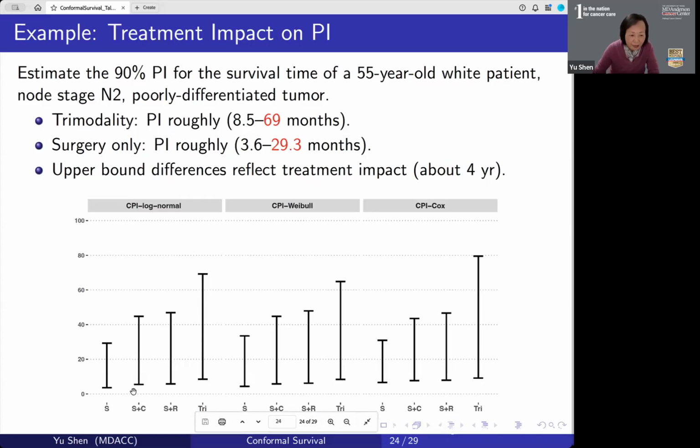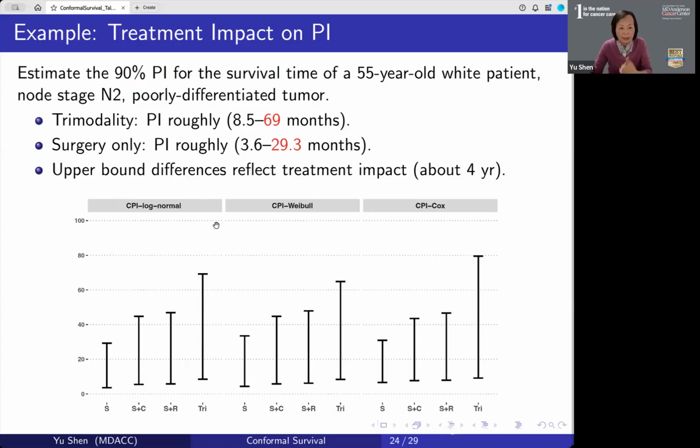One thing is the lower bound: they're not that different, only about a few months difference, even among different treatment strategies. But when we compare surgery alone versus trimodality, that's really different. It could be up to 3 to 4 years different for the upper bound.